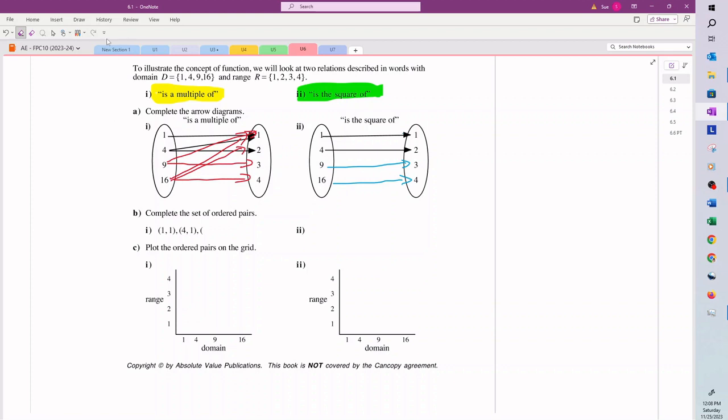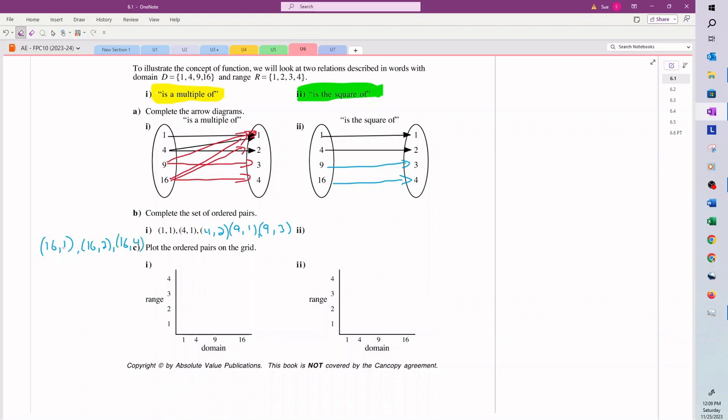Now we can represent these relations as sets of ordered pairs. For this one over here, we had 1 and 1, we had 4 and 1, and 4 and 2, where 4 is the input and 2 is the output. We had 9 and 1, 9 and 3, and we had 16 and 1, 16 and 2, and 16 and 4.